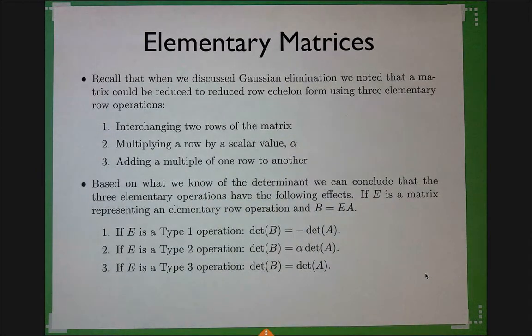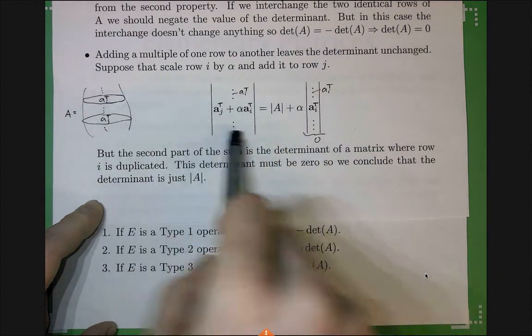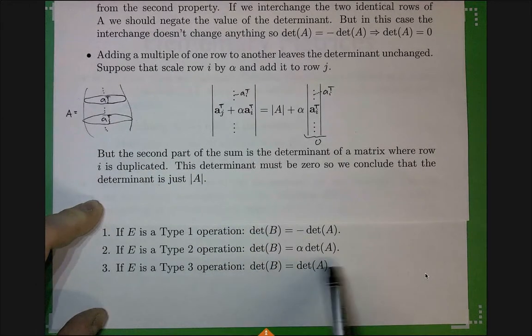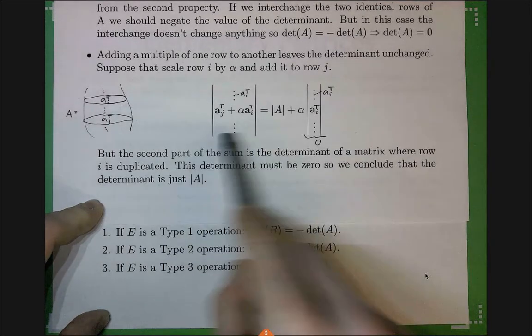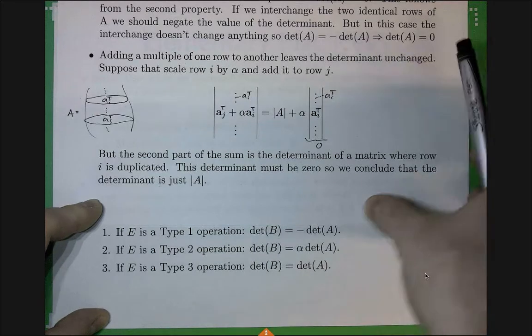Well, from what I just showed previously, that does not change the determinant at all. If you just add a multiple of one row to another, the determinant doesn't change. So the determinant of B, that's the modified matrix, is equal to the determinant of A, that's the original matrix.